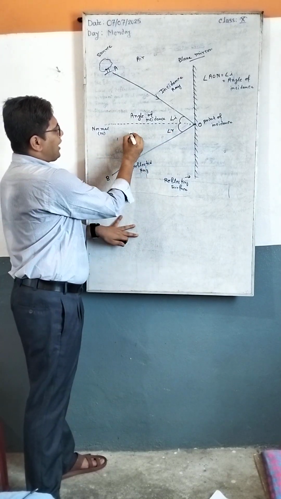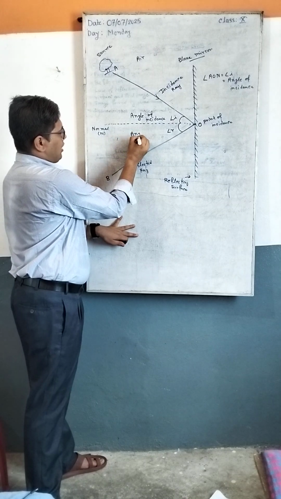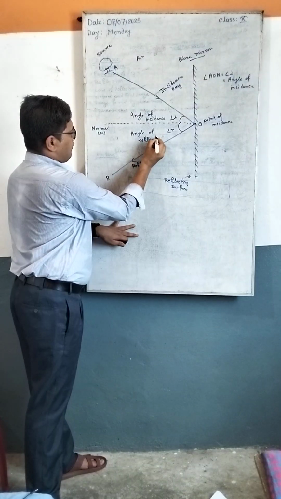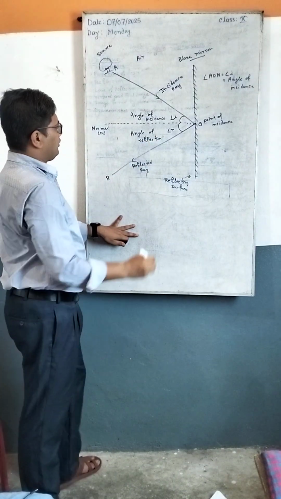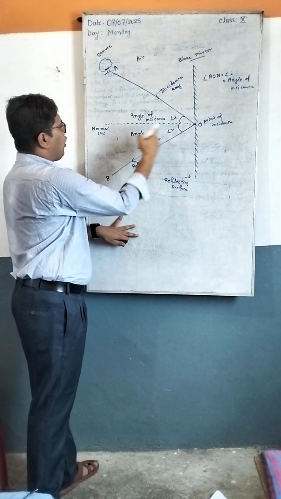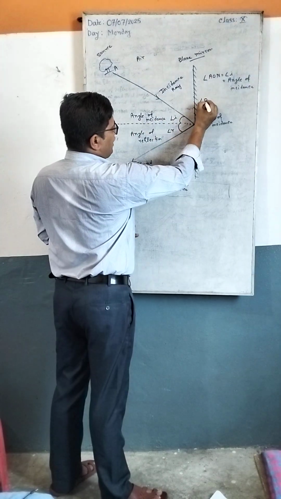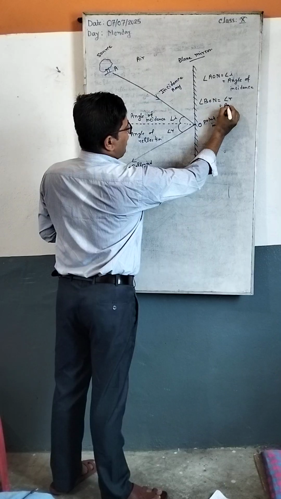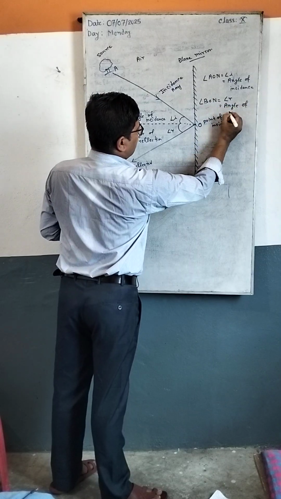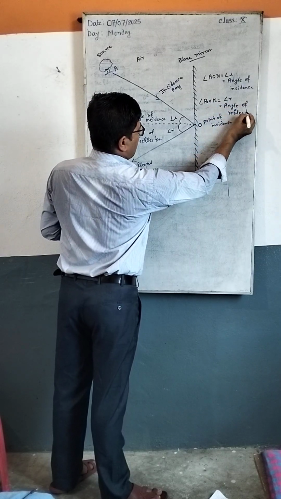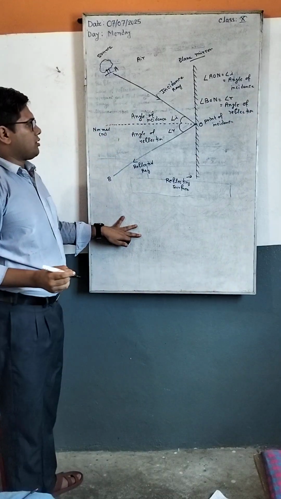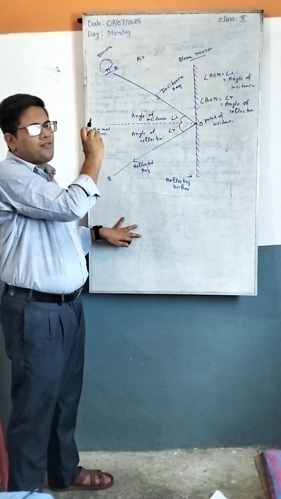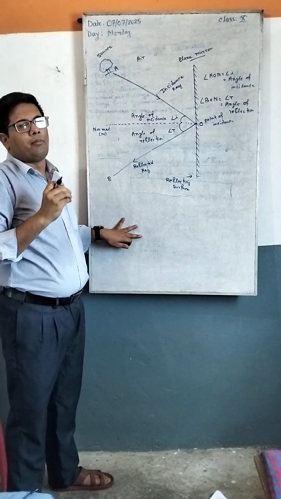It is called the angle of reflection. So here angle BON, the small r, is called the angle of reflection.